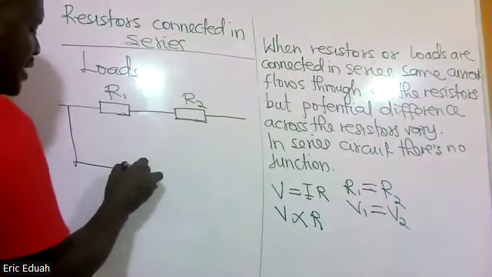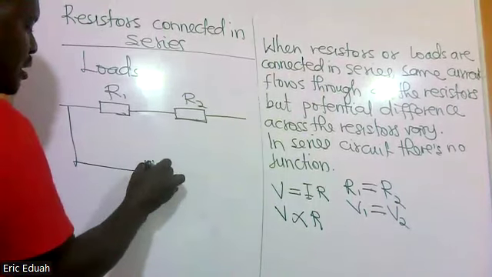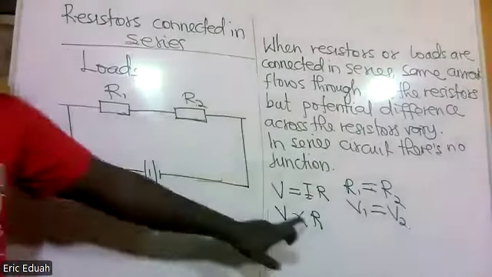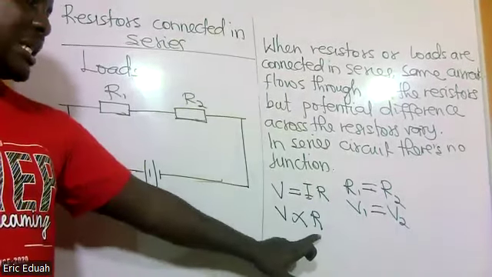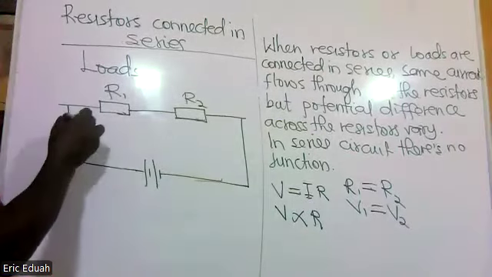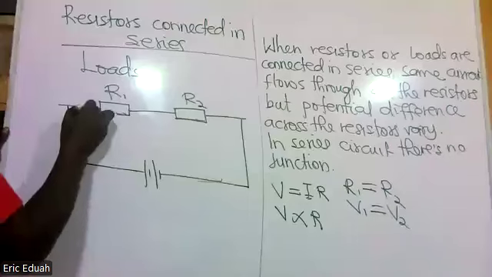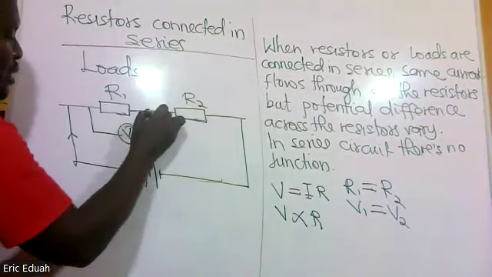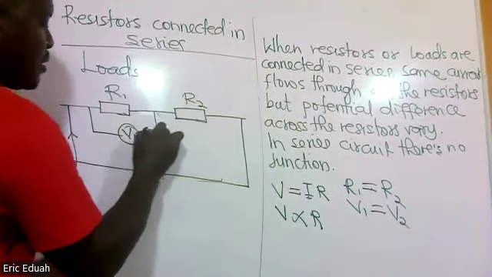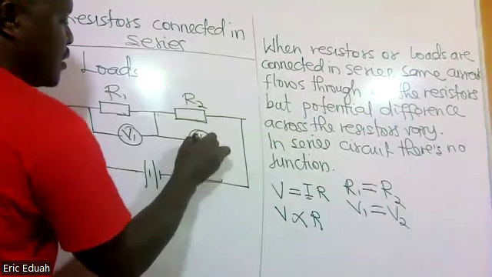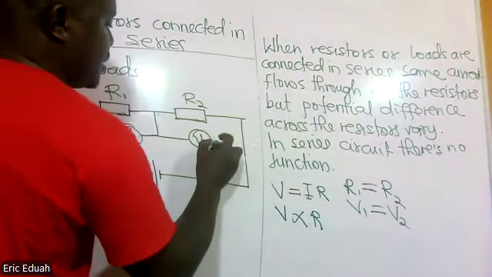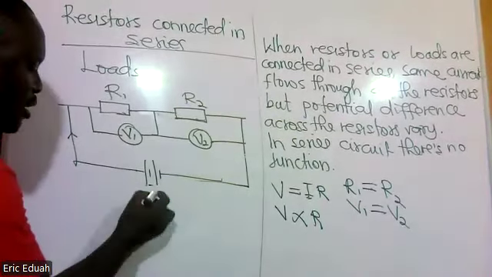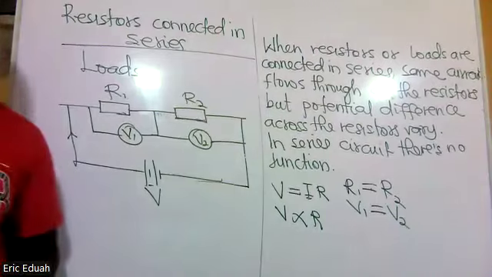Potential difference would vary because the PD is directly proportional to resistance. So when resistance increases, V would also increase. So I will be the same, but V1 and V2 would vary. This is E or V, the source voltage.